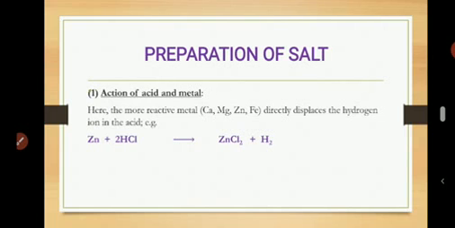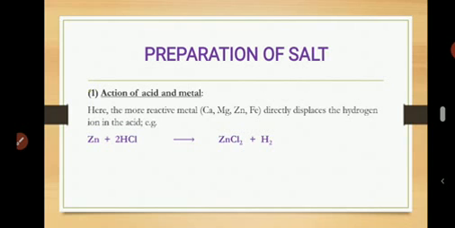Now the one I want to discuss with you is the method for preparing a salt when the salt is soluble in water. Method number 1: once you know that this salt is soluble in water, then you can use this first method, action of acid on metal.